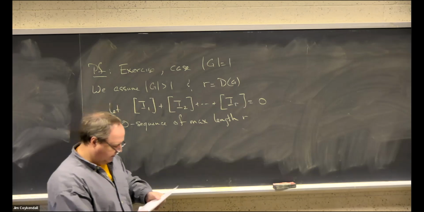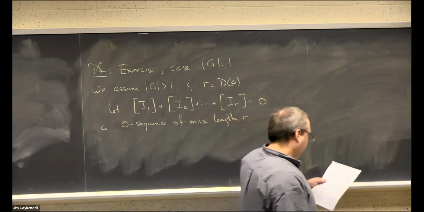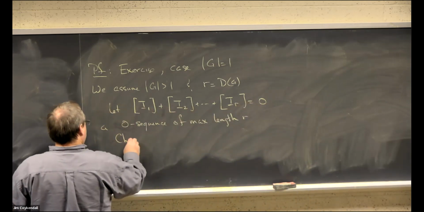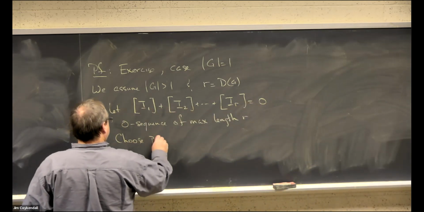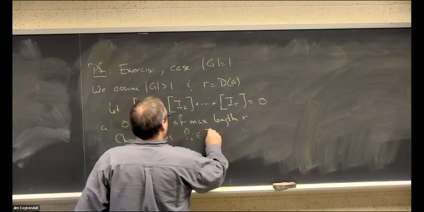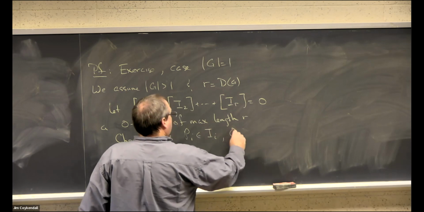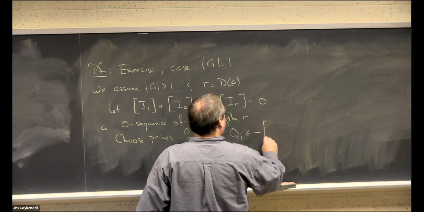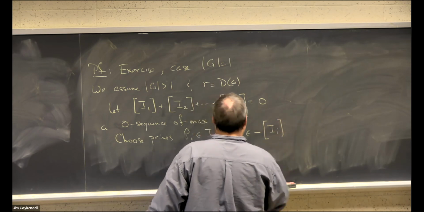That's a zero sequence. What this means is choose primes P_i and P_i-spy, and Q_i and Q_i-spy.